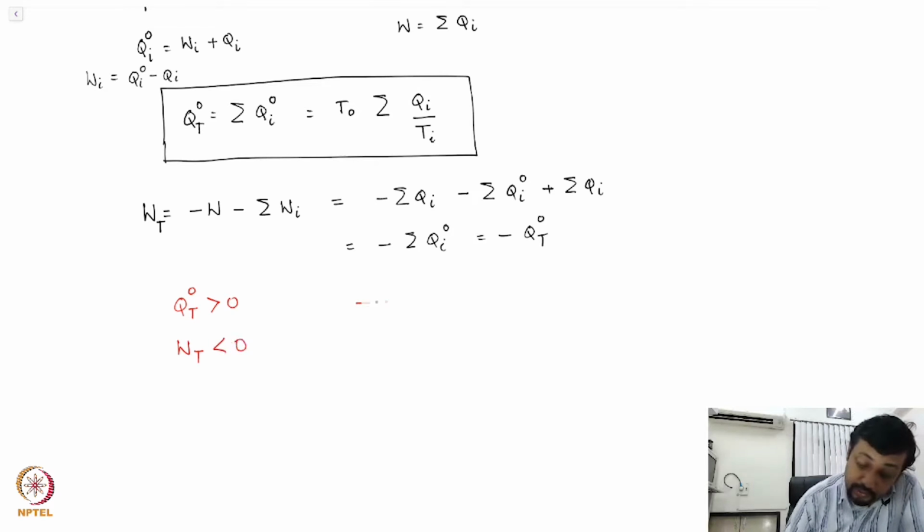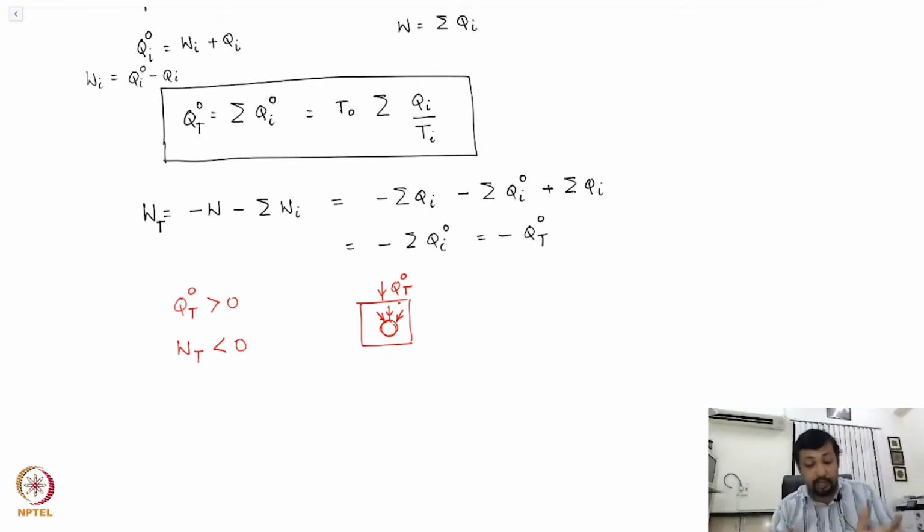What does this mean? This means I have this box, I have the system inside it where it is receiving all this amount of heat, but as the whole system, what it does is it takes Qt0 amount of heat, enters this box, this system plus Carnot engines taken together, because it's positive, and it is doing an amount of work Wt.